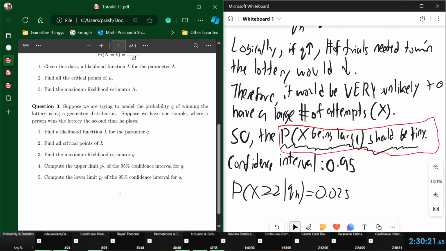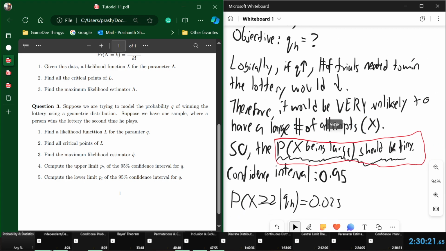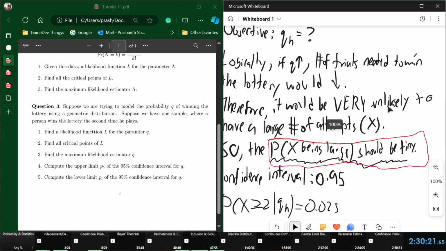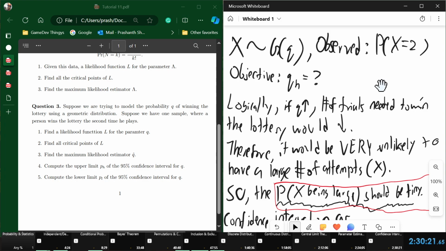Okay, let me read through my logic again. We have a random variable that is geometrically distributed with a probability q. We have one sample where a person wins the lottery the second time he plays. That means x was equal to 2. That's what we observed.